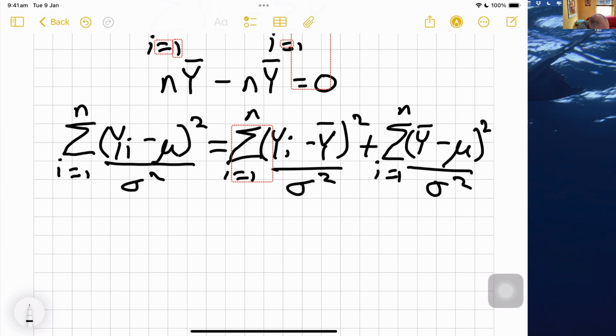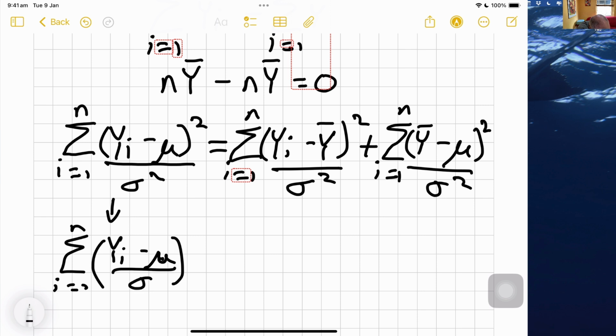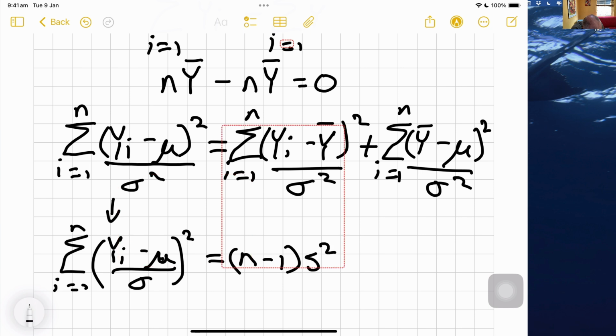The first term here, I'm going to write this summation as i goes from 1 to n as yi minus mu over sigma, all squared. Cool. The next one, I'm taking each observation, taking off the sample mean and squaring it. If I divided that by n minus 1, I'd have the sample variance. So this is going to be n minus 1, the sample variance, over sigma squared.